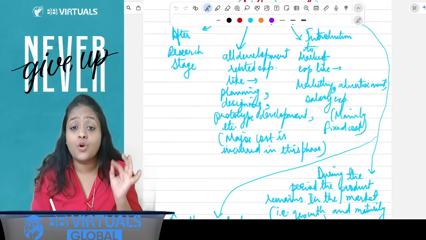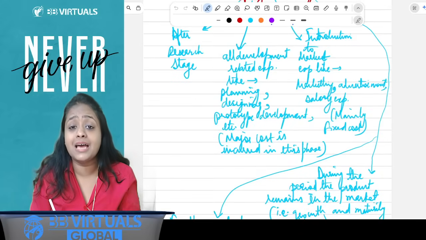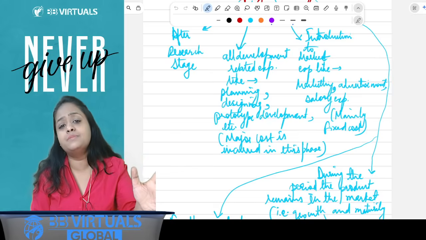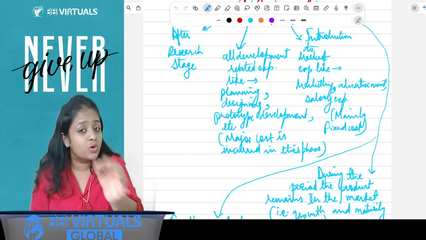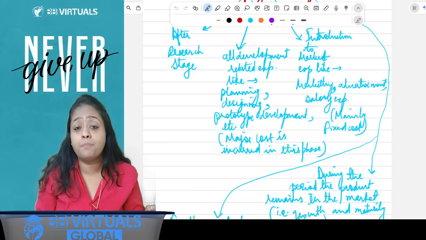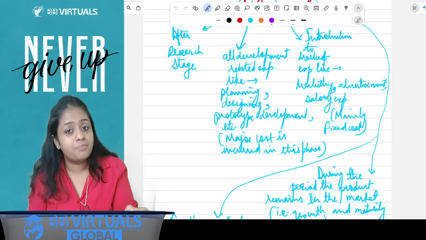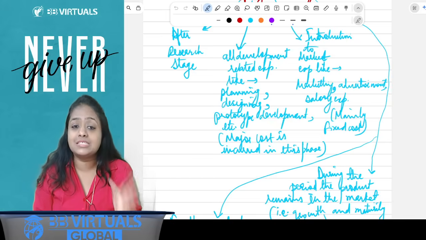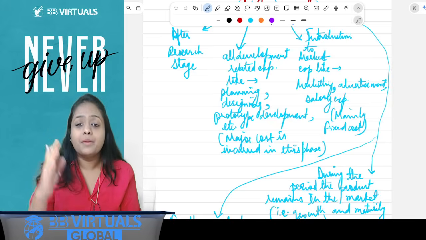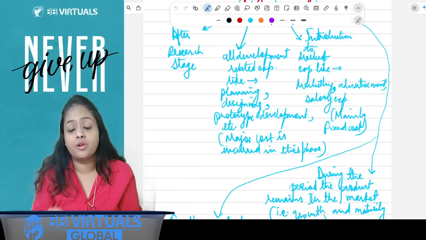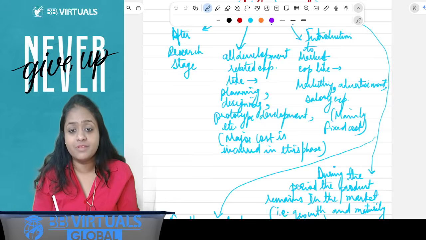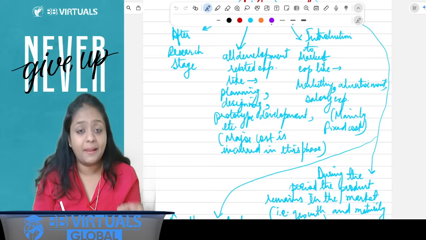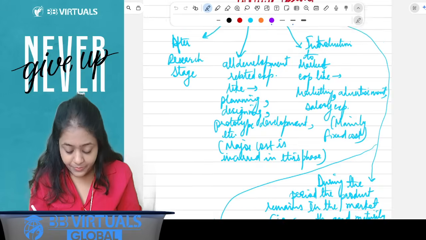Major cost is always incurred in this design phase. Favorite MCQ questions in Section A and Section B, where students get troubled when they see development phase and research phase. So remember, life cycle costing starts post research phase, because of course we zeroed in on the product after the research has been done. Major cost is always incurred in the design, planning, development stage only.